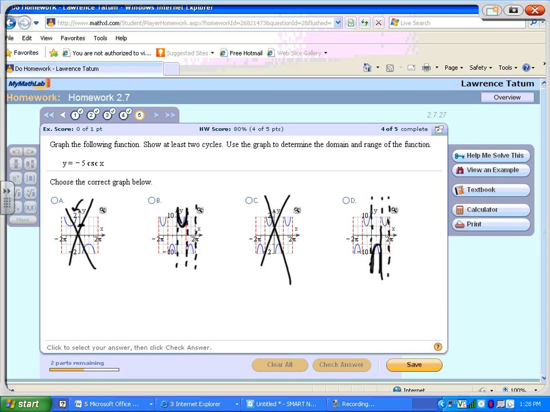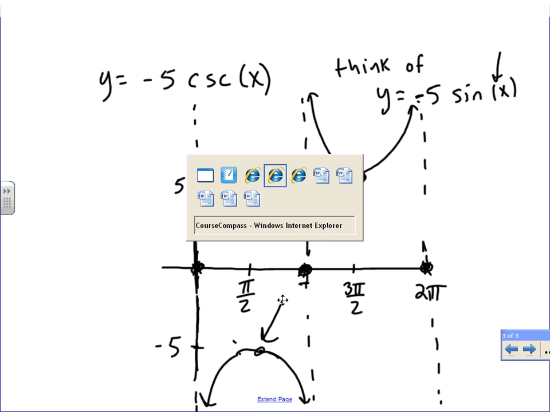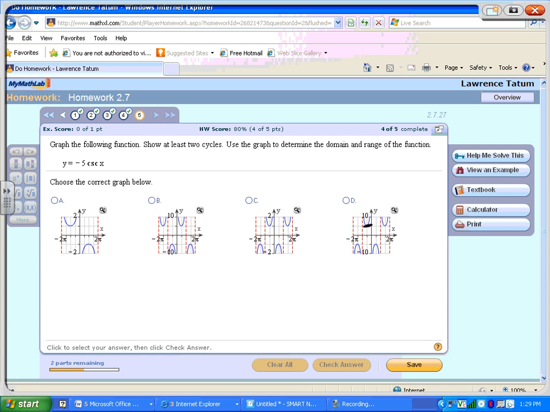So let's see which one our first one looked like, because I forgot. All right, notice our first one there was going downward. So it should be the one that's going downwards here. So the one that was going downwards and had the correct amplitude of 5 there should be D.